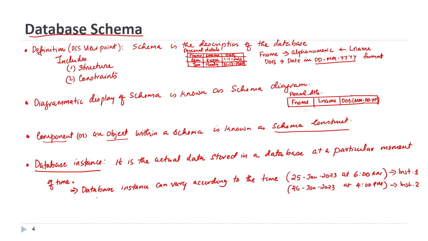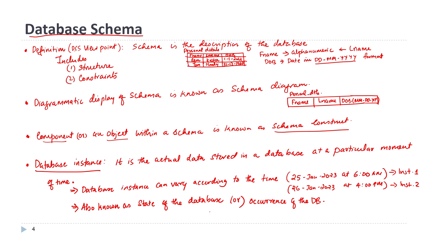Database instances are also known as the state of the database, or there is another name for it, the occurrence of the database.